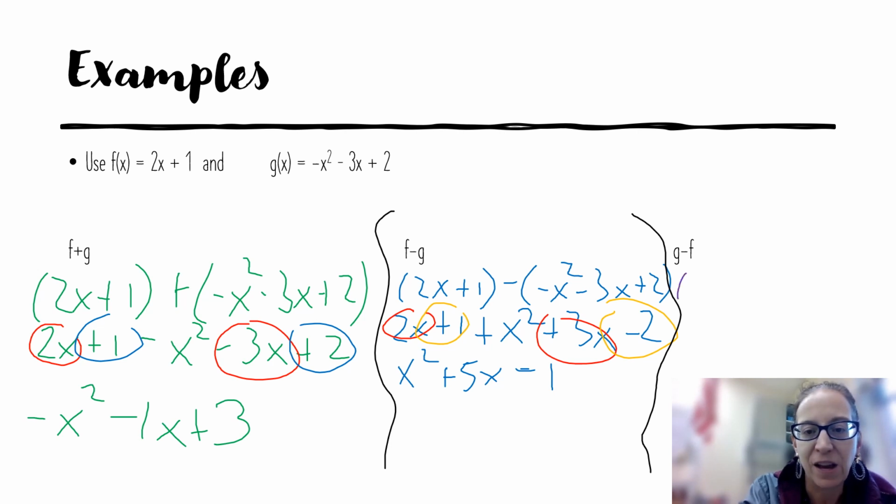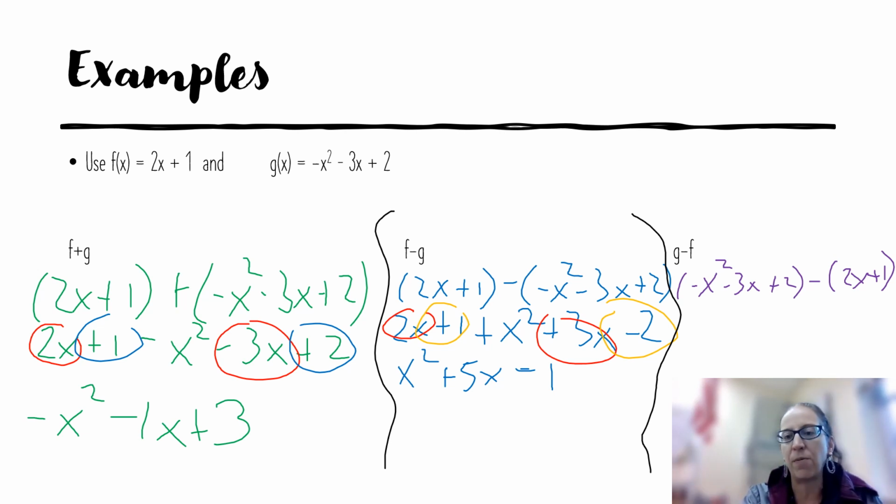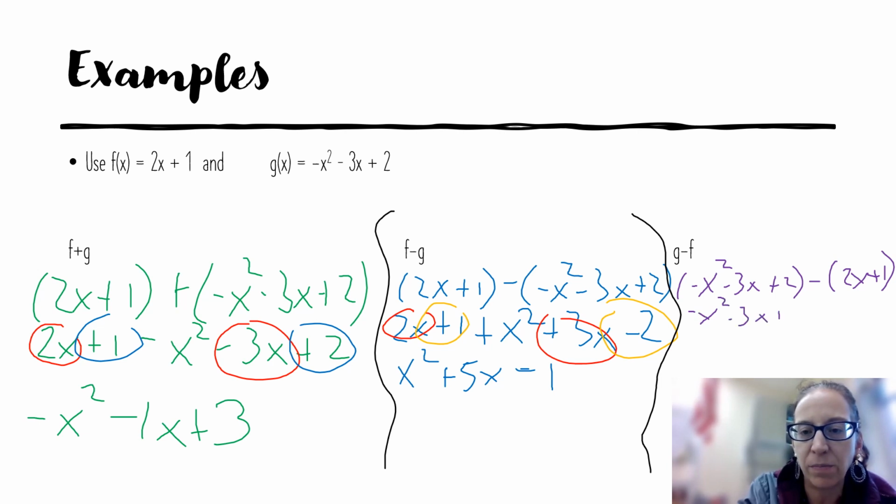So to do G minus F, this time I'm going to start with, and I'm really afraid I'm not going to fit this, we're going to start with the G, negative x squared minus 3x plus 2, and subtract from that our F, which is 2x plus 1. And then make sure you do that step of removing the parentheses. So we'll have negative x squared minus 3x plus 2 minus 2x minus 1.